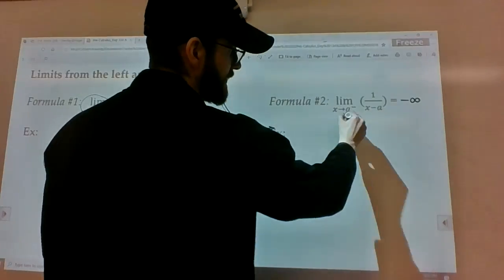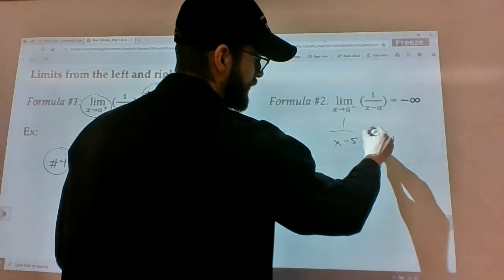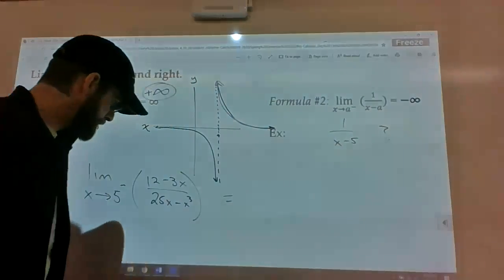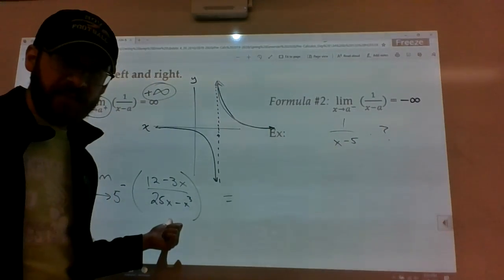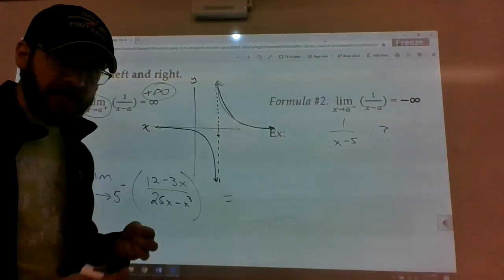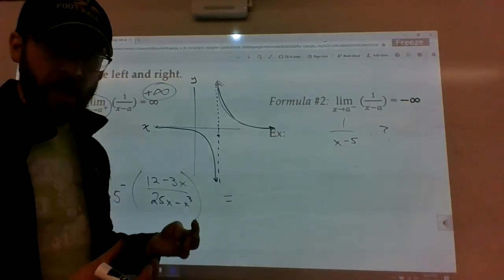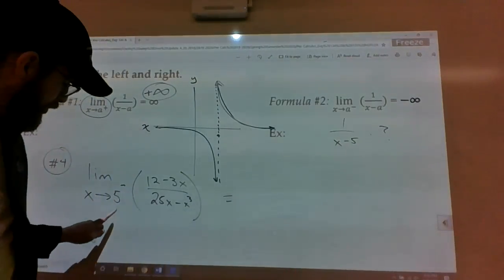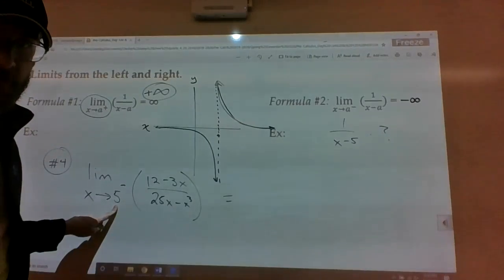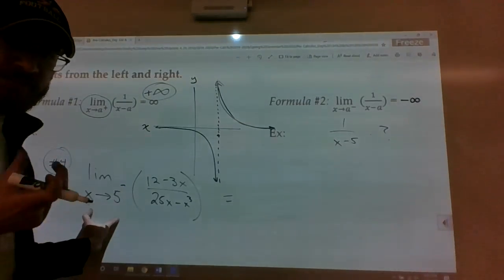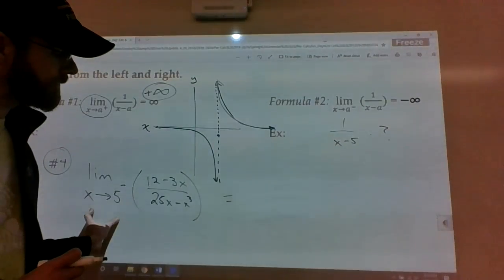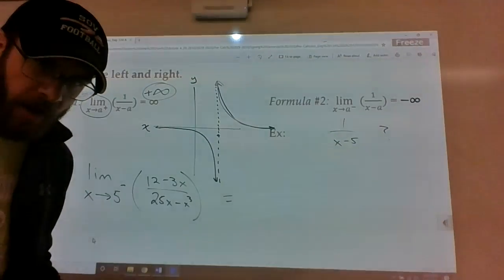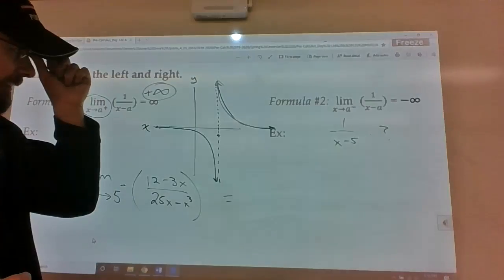So we're going to keep this in mind over here. When you see this expression here, you should be thinking, how do I make the bottom come out to be x minus 5? Because I am trying to approach 5 from the left, which means x minus 5 creates the asymptote. Well, I can factor the bottom, right?